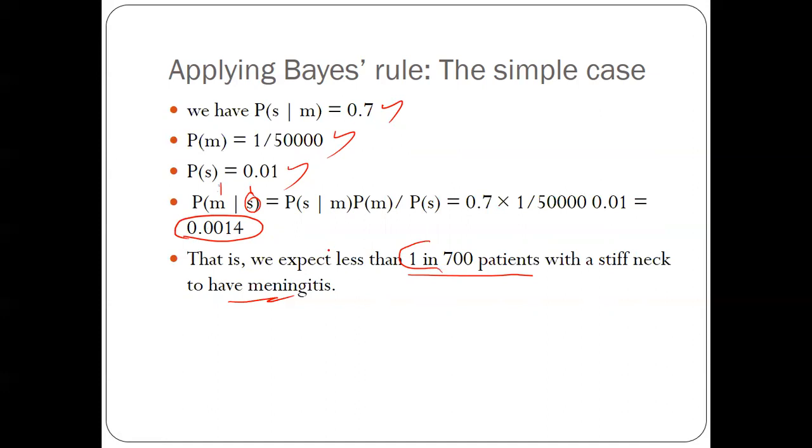Only 1 in 700 patients with a stiff neck will have meningitis. For such cases, Bayes rule comes in very handy. It can also be used to predict the probability that somebody has COVID, given that he is suffering from a cough.